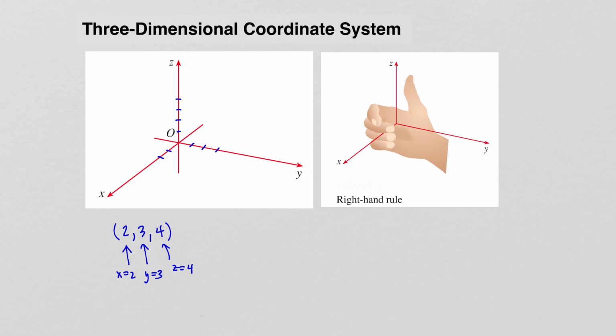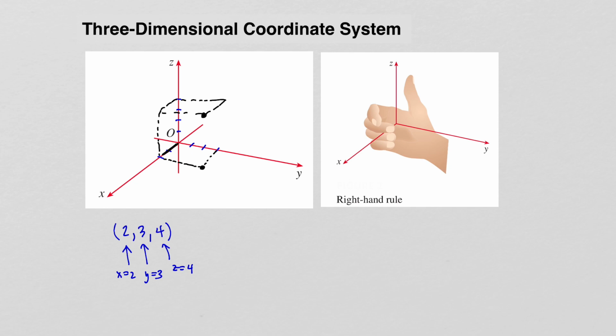Now to graph this accurately can be a little bit challenging. But if I first graph the point 2, 3 in the xy plane down here, that would give us this point here. And now I need to go up 4 units from there and find out where z equals 4, and that would occur right here.